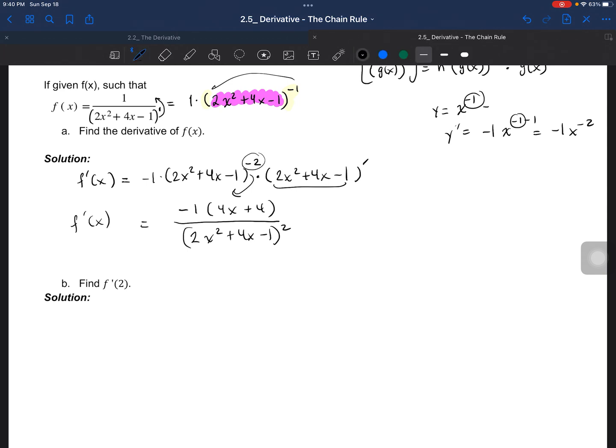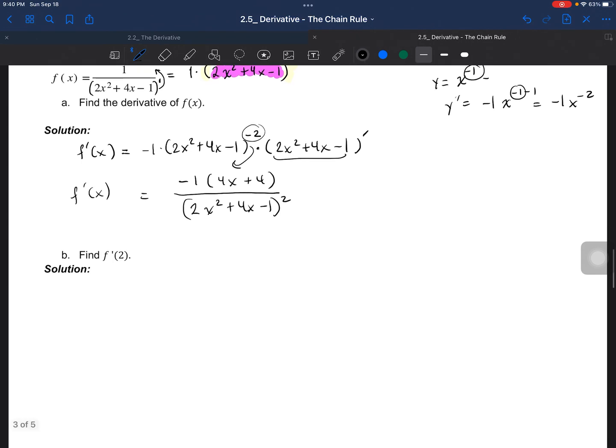Now what we're going to do is finish up the problem by finding f prime of 2. So f prime of 2 is found by plugging in and replacing every x with 2.